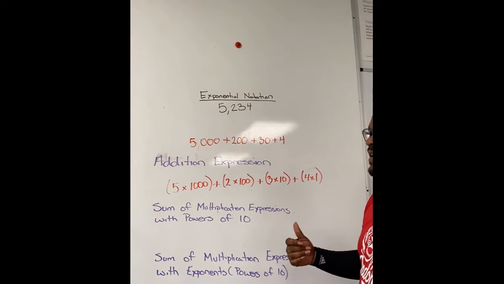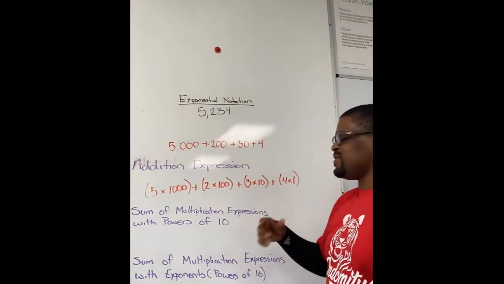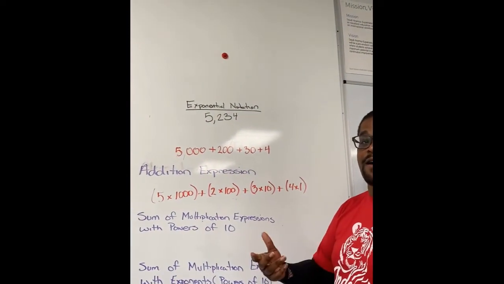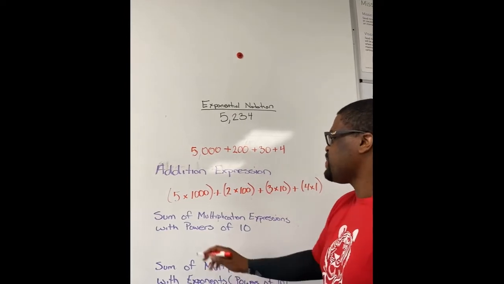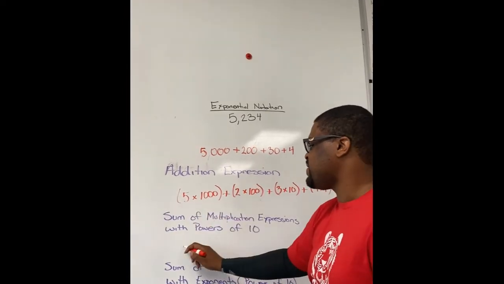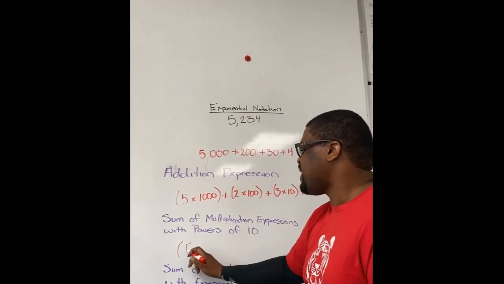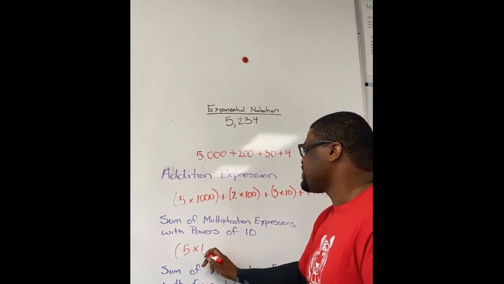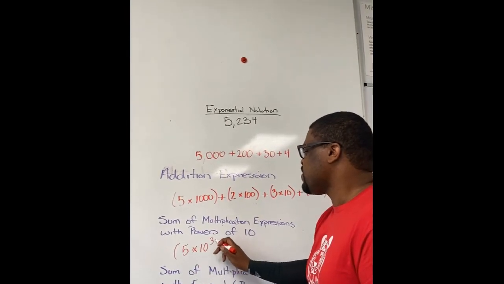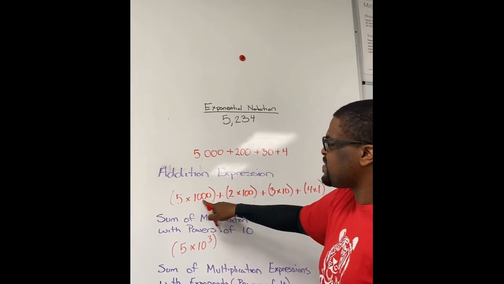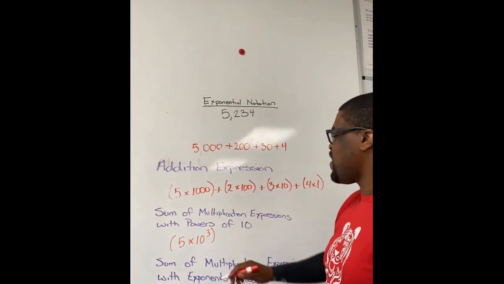So if we think about exponents, our exponent tells us how many zeros we need in our base. So here, instead of 5 times 1,000, we're going to have 5 times 10 to the third power, because it tells us how many zeros we need to add to our base.